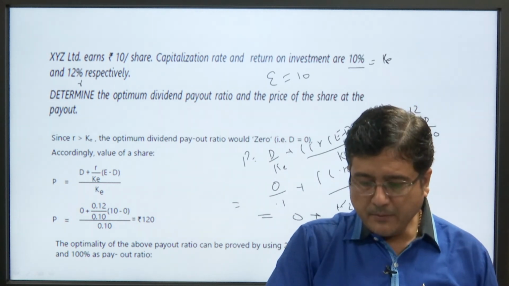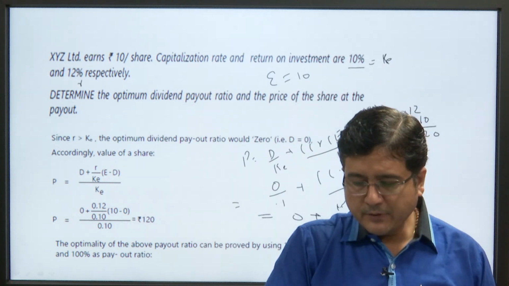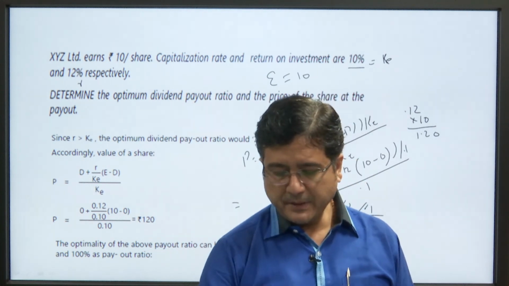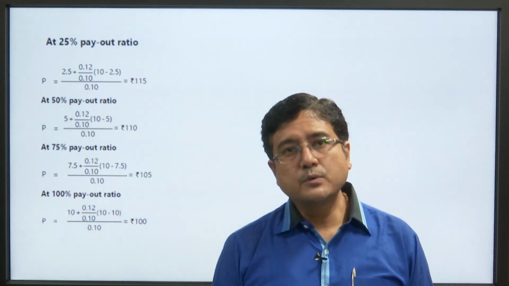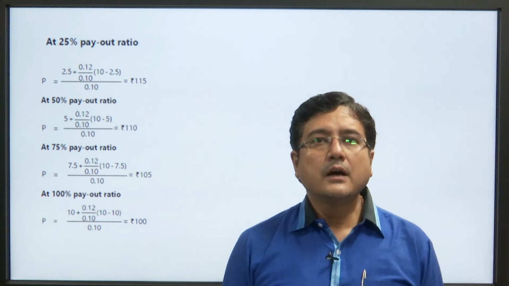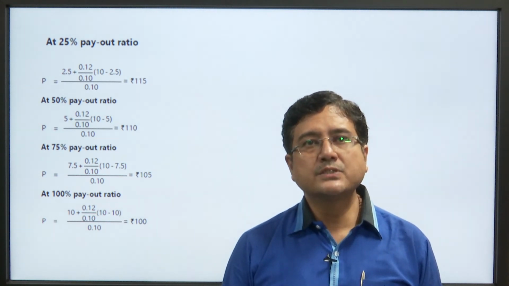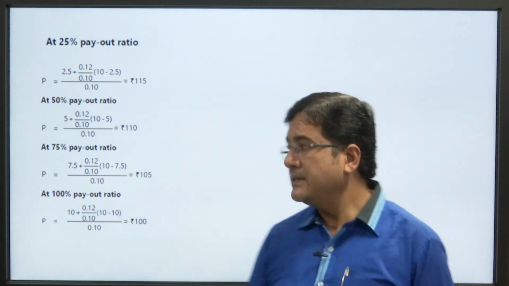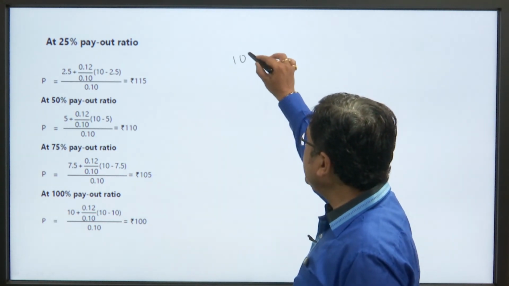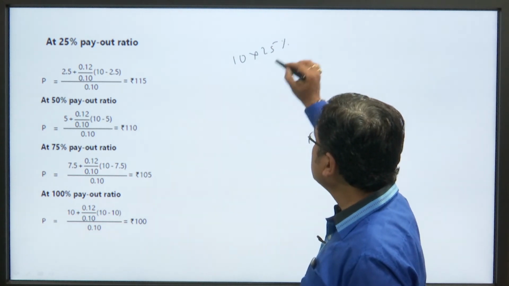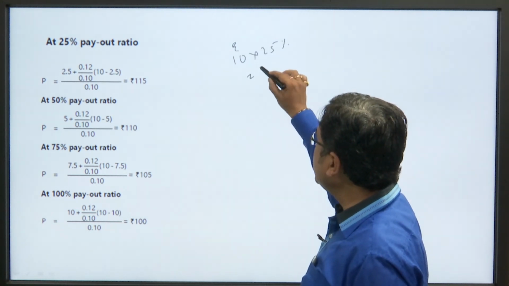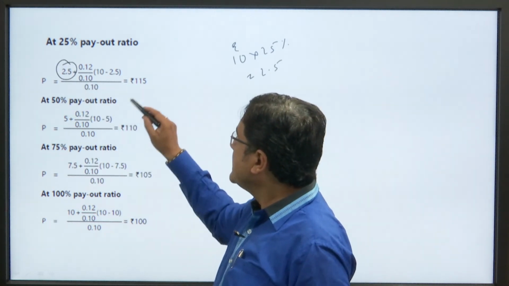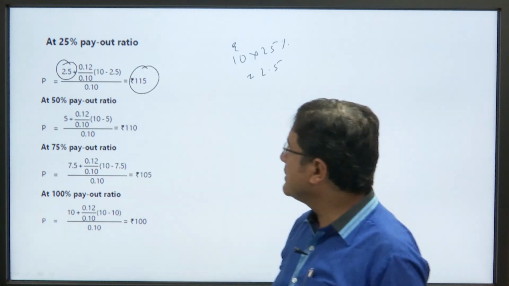So, the optimality of the above payout ratio can be proved by using 25%, 50% and 75% payout. At 25% payout, that means 10 into 0.25, where 10 is earning, so dividend paid is 0.25, and we find that the new price is 115.